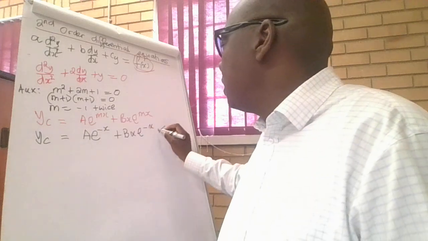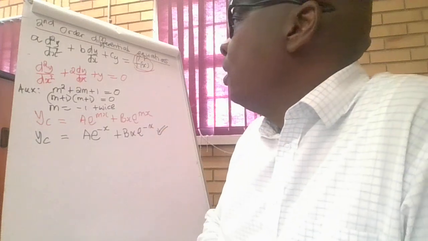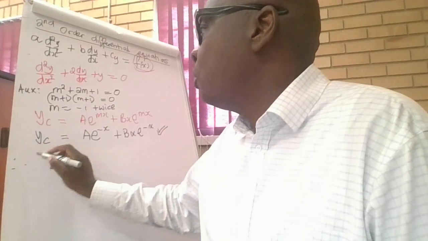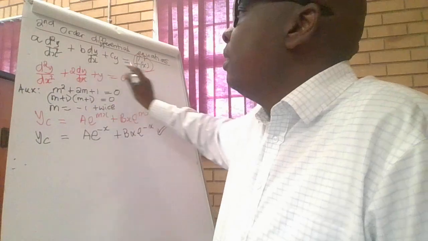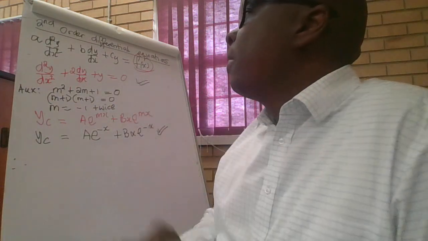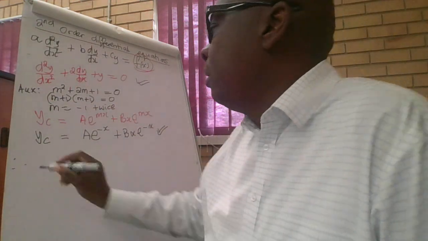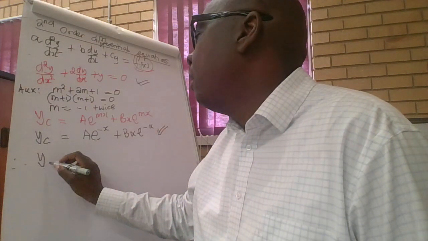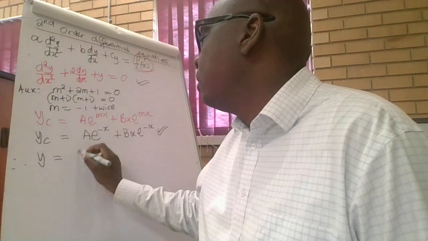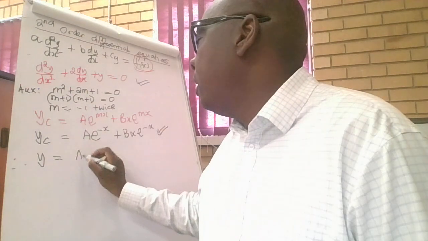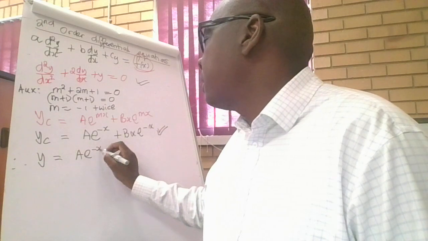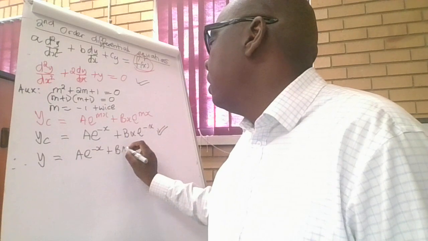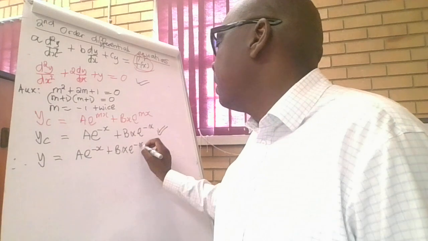So this is our complementary function. So it follows therefore that the solution to this second order DE would be given by y is equal to a e to the power minus x plus b x e to the power minus x.